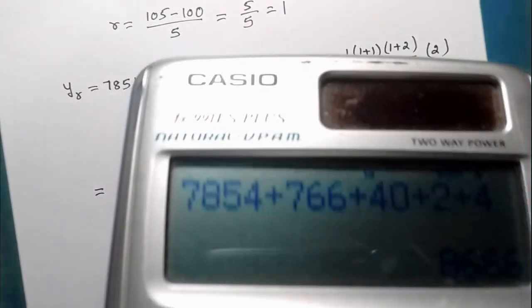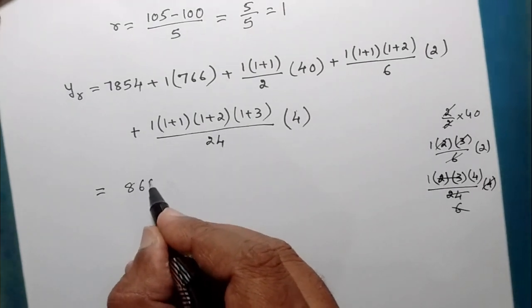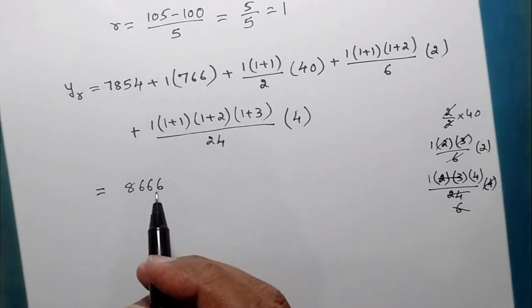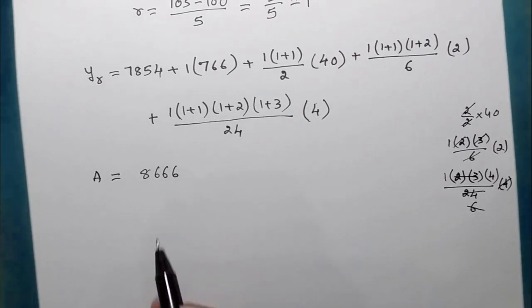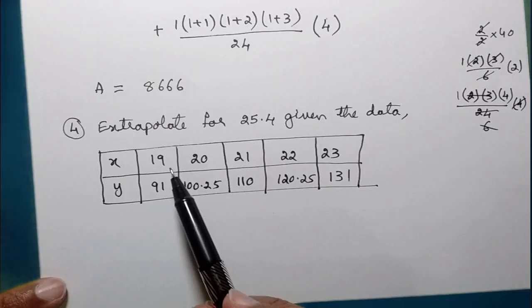Is that the value you are getting? Right? So this corresponds to what value? He is asking us to find out the area A. So this will represent your A value. So area A will be 8,666. That is the required solution. Let us move on to the next question.